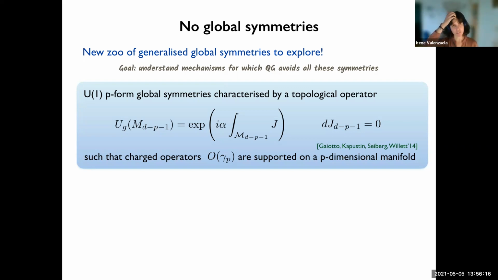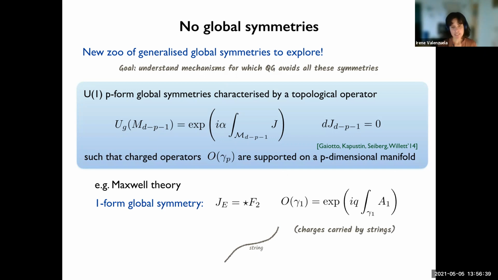That's the equivalent thing. And this generalized notion comes from the fact that we allow the global charges to be carried by higher dimensional objects. So the charge operators of a p-form global symmetry are supported on a p-dimensional manifold.